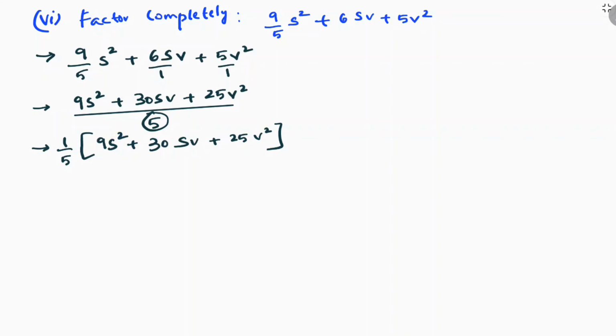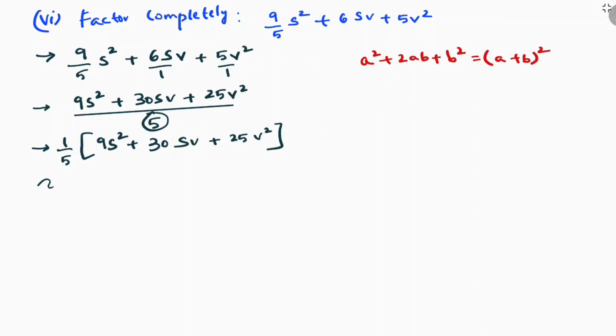Now if you see carefully, it is a square, b square. If it is 2ab, then I can write it as a plus b whole square, because a square plus 2ab plus b square is a plus b whole square.